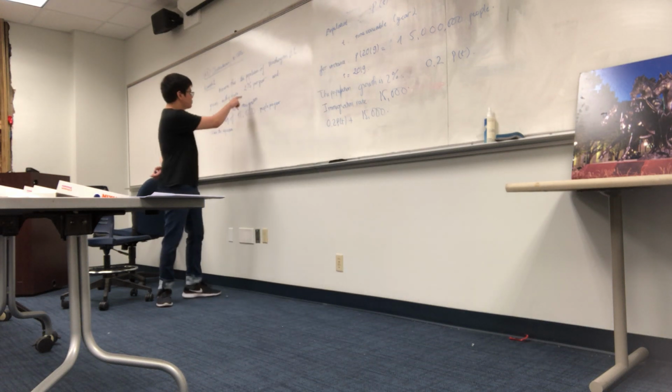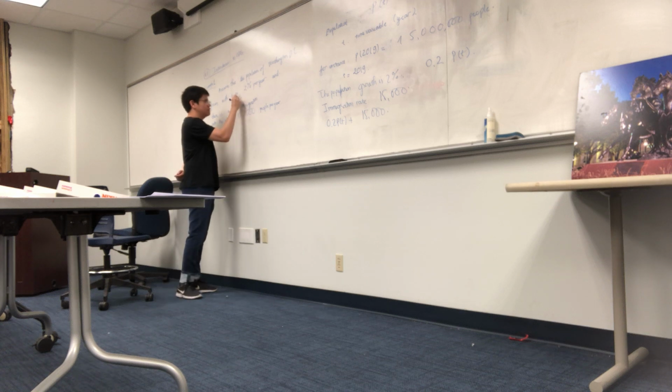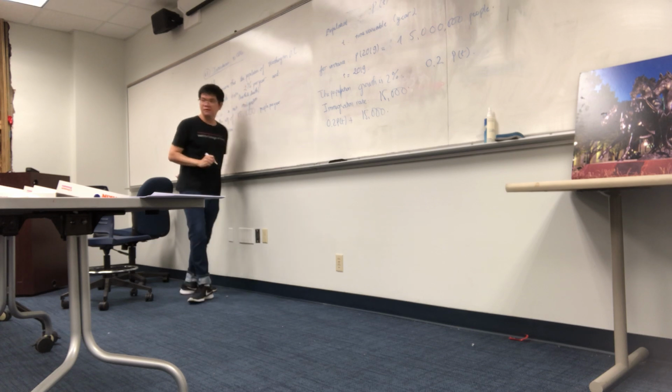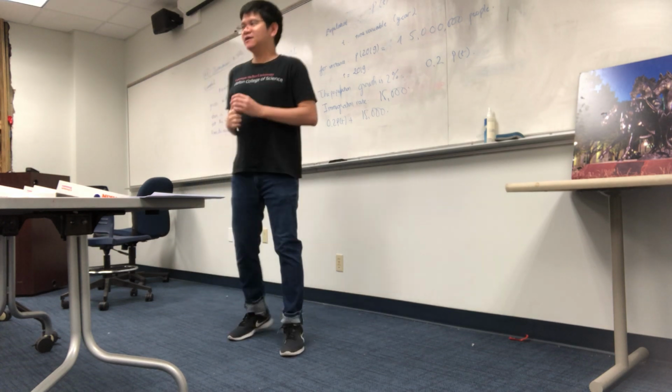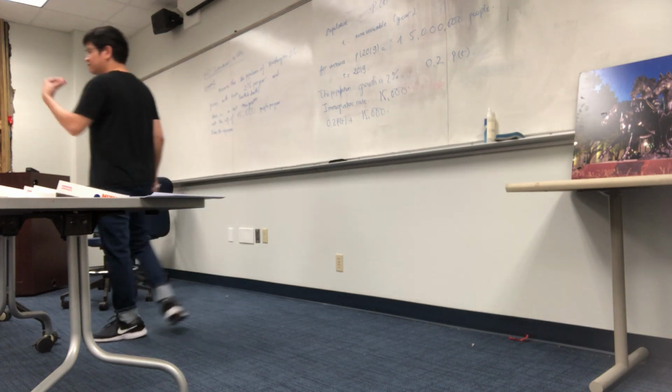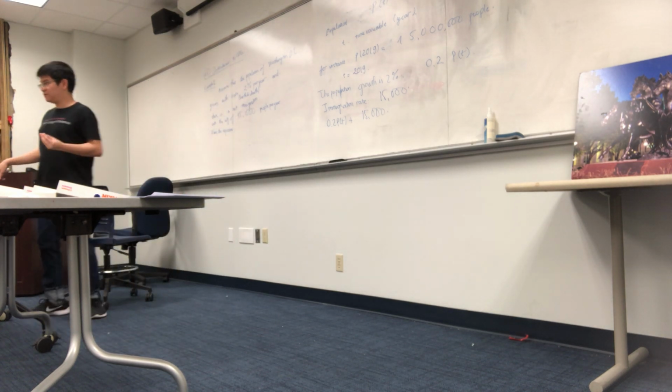All right, so this is the growth by birth and death. So I explain again. Every year by birth and death, you have 0.2 P of T more people.